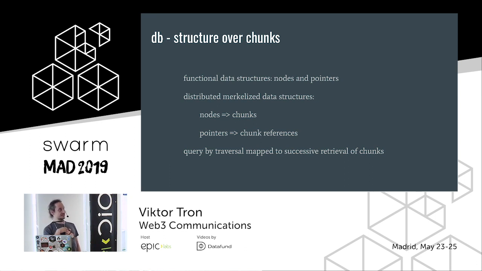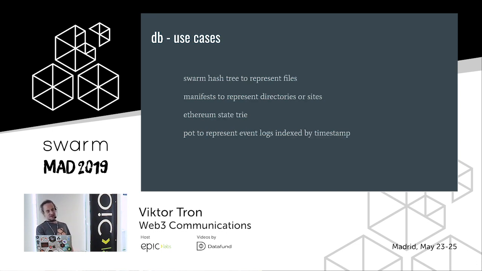This process of traversal basically translates into successive retrievals of chunks, and between the successive retrievals of chunks, you just interpret the canonical serialization of the node and see which of the pointers you need in the next hop, in the next round of the traversal. So I'll give you use cases for this. Some of these already exist, and some of these should exist.